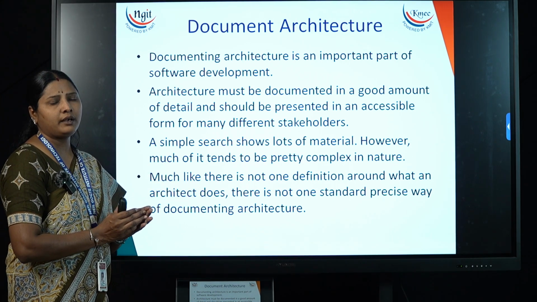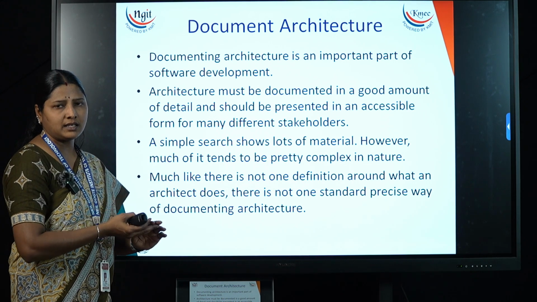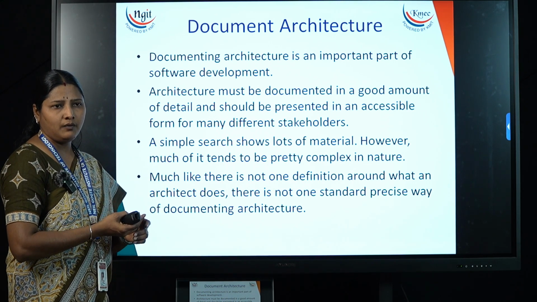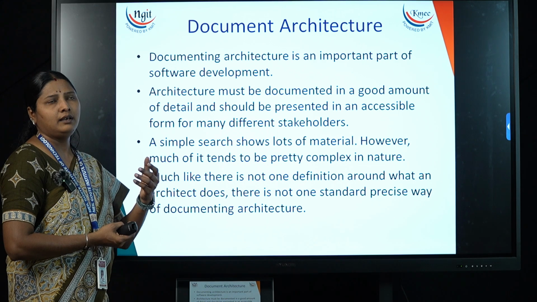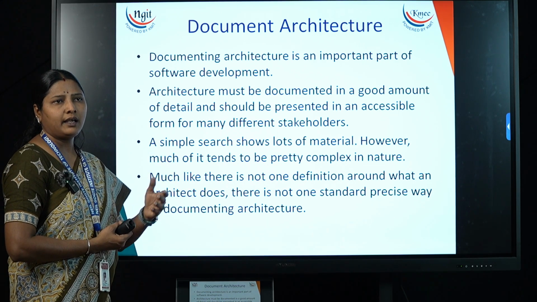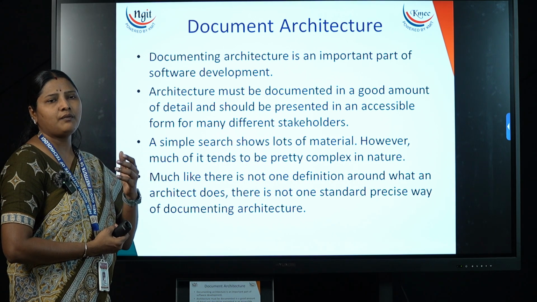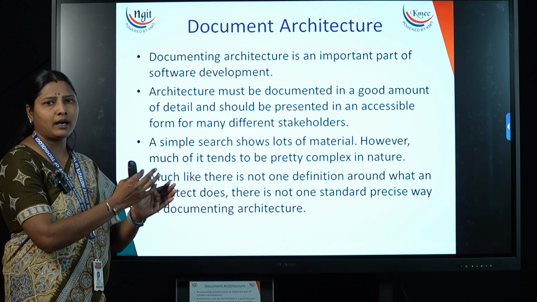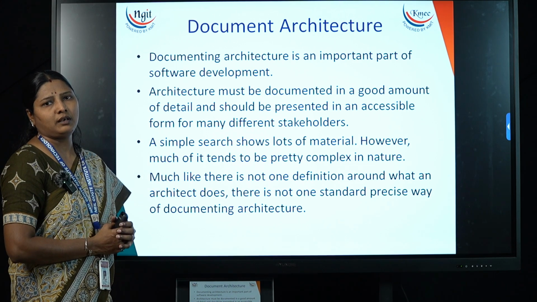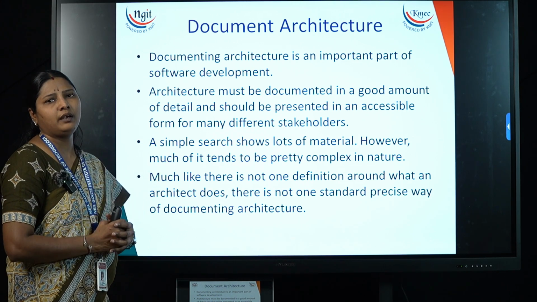So in the document there should be an analysis, that is an abstract, and there should be the details of the problem statement, then the design, then the coding part, and we should include the various information collected for that particular problem statement. All these things should be documented.